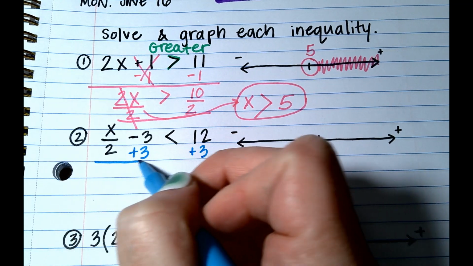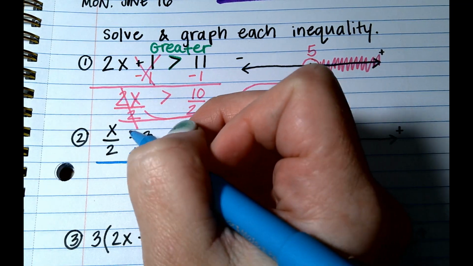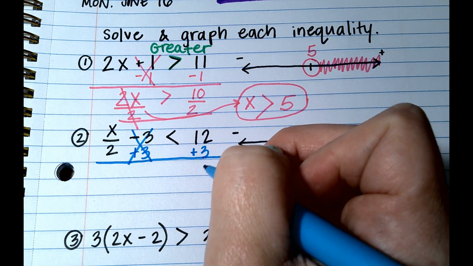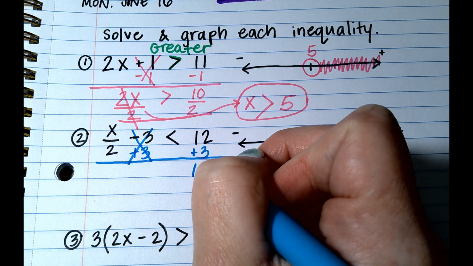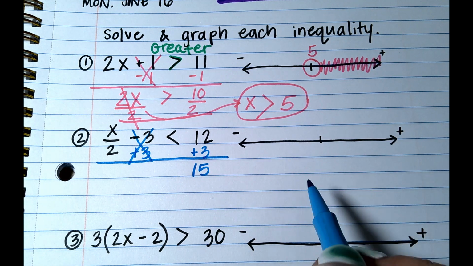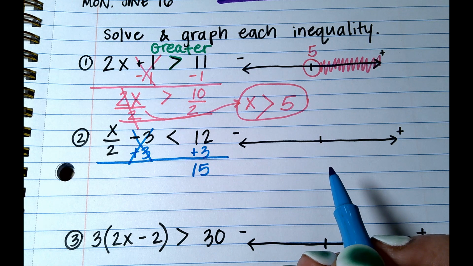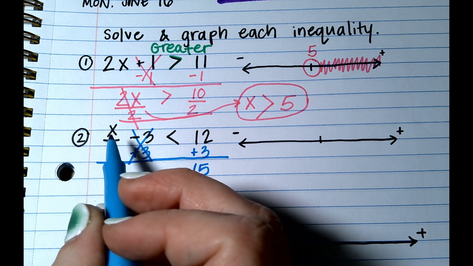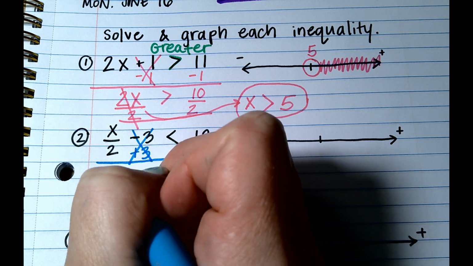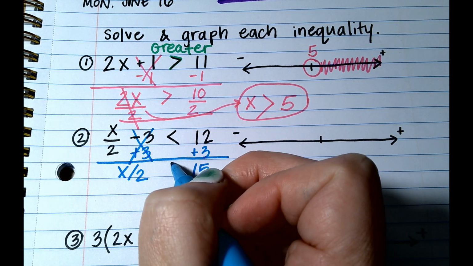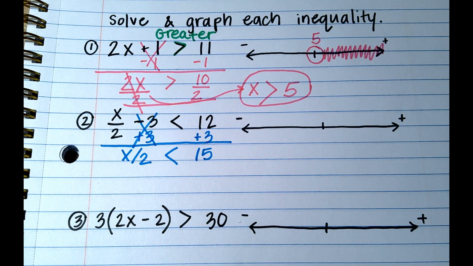We're going to cross out the 3's. 12 plus 3 is 15. And next, what do I do? Now wait, what do I still need to do? I gotta bring it down. I still have x over 2 is less than 15.